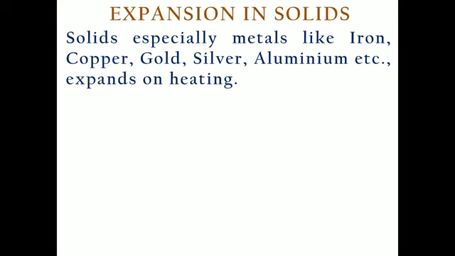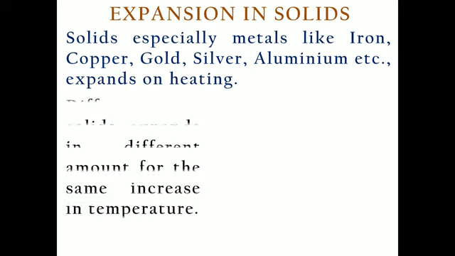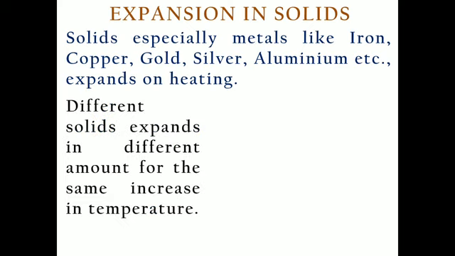Remember one thing: different solids expand by different amounts for the same increase in temperature. Let us say we increase the temperature from 10 degrees to 20 degrees, that means the increase is 10 degrees.